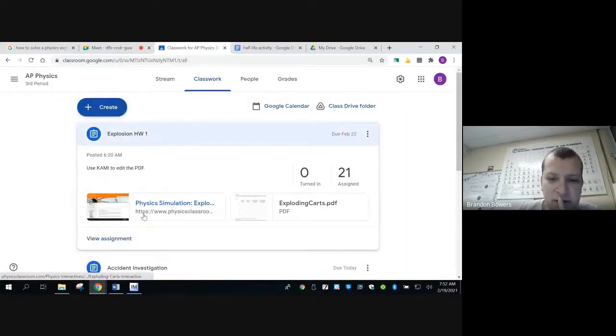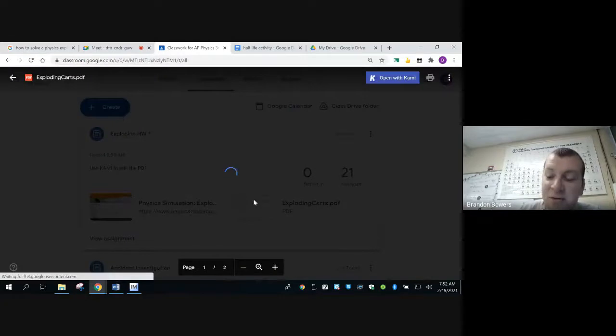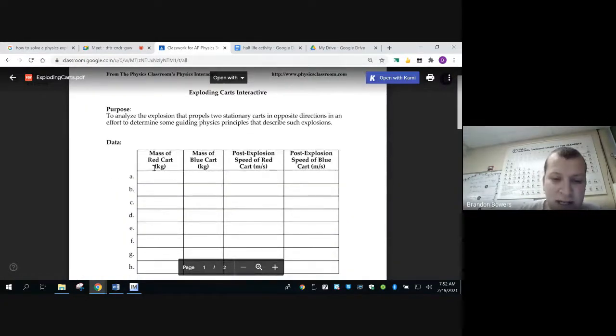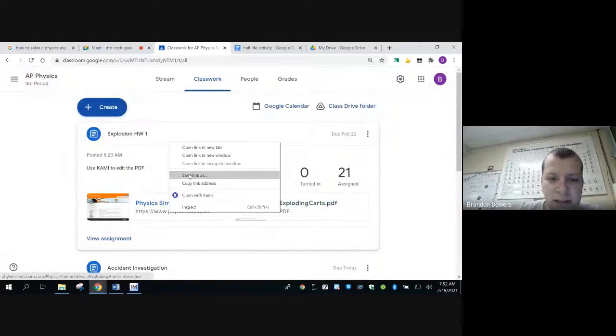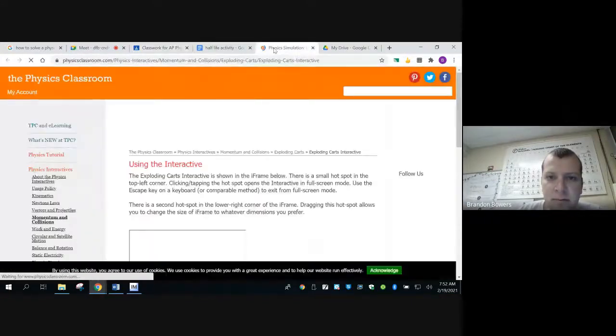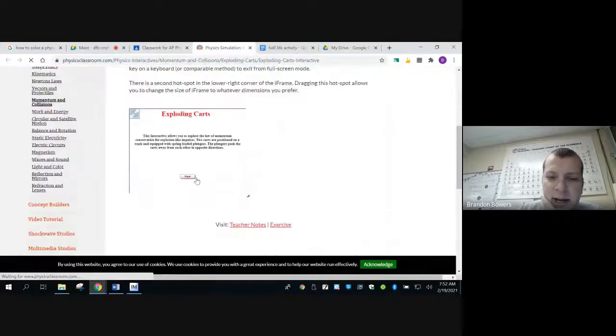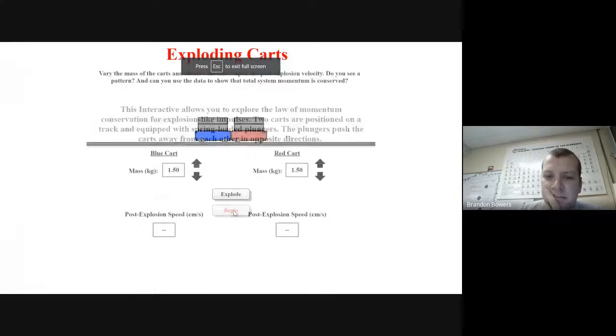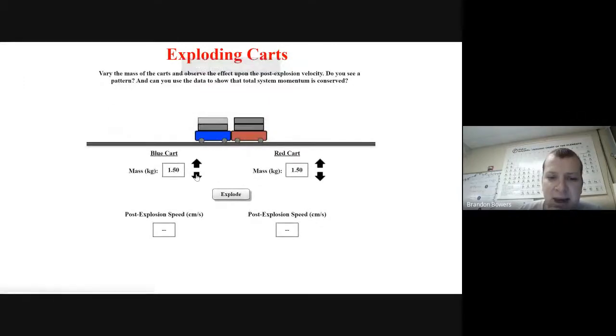So if you view the assignment and the PDF, I would recommend using Kami to edit this. You're going to get different masses of blue and red carts. So let me open this link. And you can click, make it larger. So begin. Now you can adjust the mass of all this.